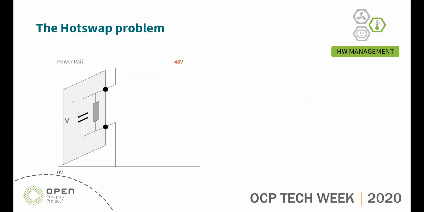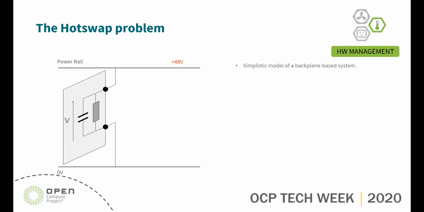Now, the simplified circuit that represents a server board is shown in this slide here. The way the actual board is seen by the module is a big capacitor-resistor kind of network.